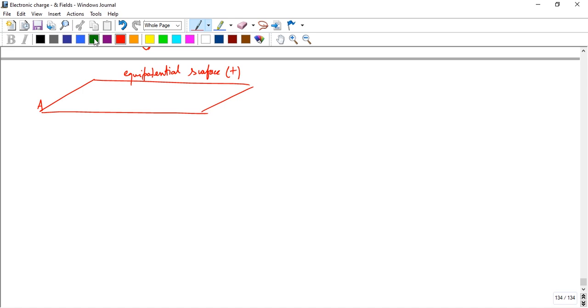Take another equipotential surface here.